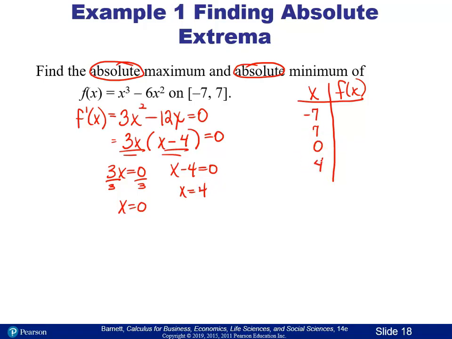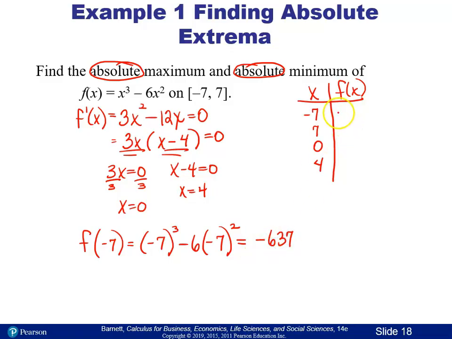Okay, so once we've got our endpoints and our critical numbers for the first derivative, now we want to plug each one of these numbers into the original function. So not the derivative, but the original function. I need to figure out what f of -7 is. I'm going to do -7 to the third, following this function, minus 6 times -7 squared, and that's going to give me -637.